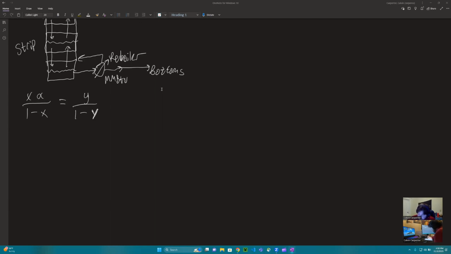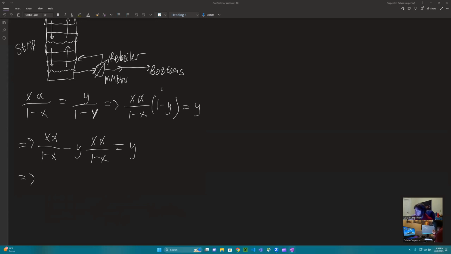If we multiply out 1 minus y, then we can multiply our x alpha term throughout that, with x alpha over 1 minus x minus y times x alpha over 1 minus x equals y.